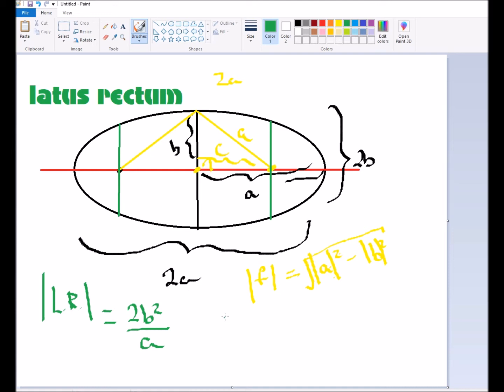If you have a vertical ellipse, then the length would be 2a squared over b, right? Because a relates to our horizontal axis, and b refers to our vertical axis.